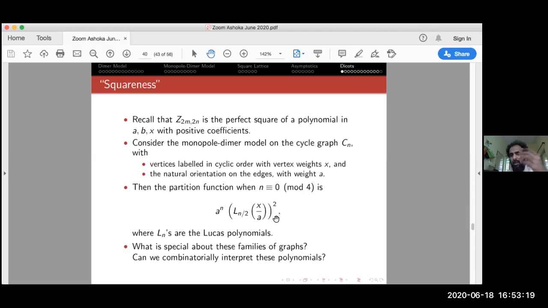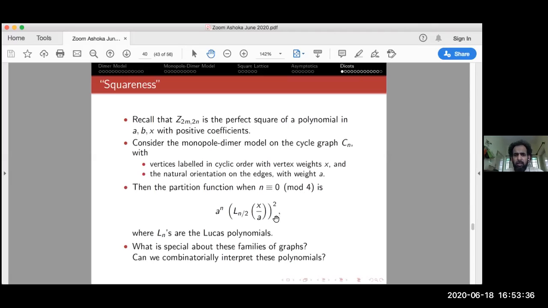So I started to try to understand when this is a perfect square, and can I give a combinatorial interpretation of the square root, analogous to the Pfaffian.